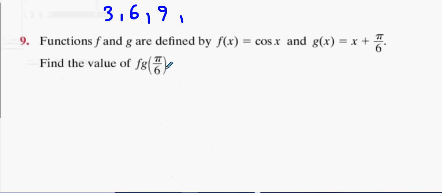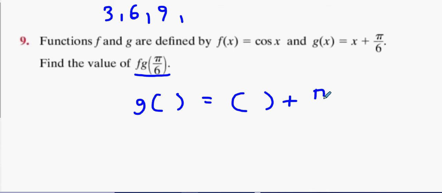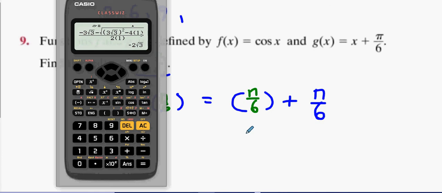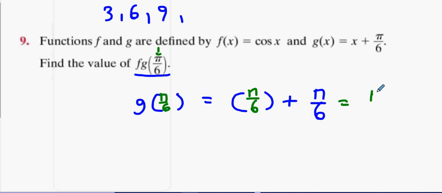Okie dokes. So, f g of pi over 6, the g function is whatever your input is plus pi over 6. It then tells you that the input is pi over 6. So you do pi over 6 plus pi over 6. You can use your calculator if you want, but it should kick out pi over 3, did it?